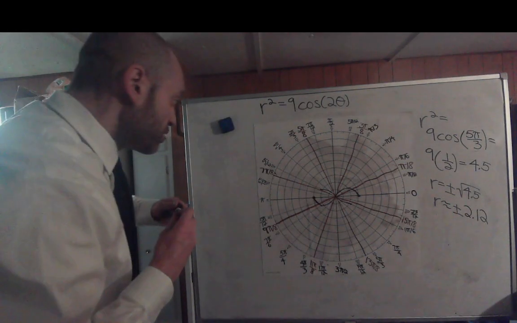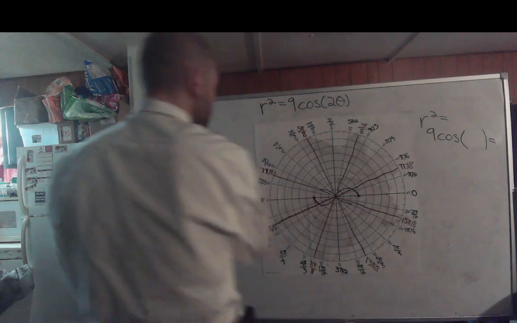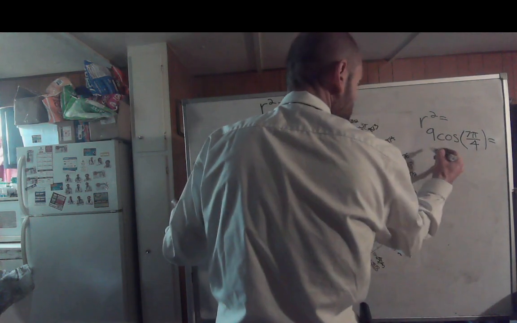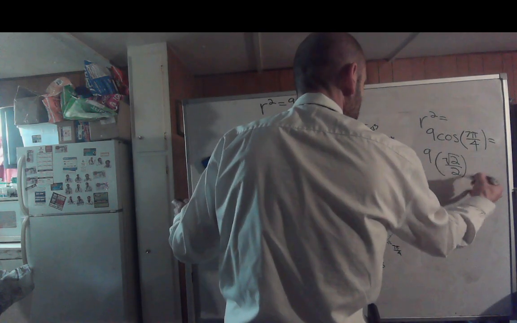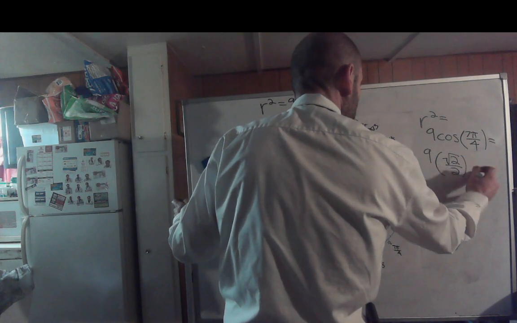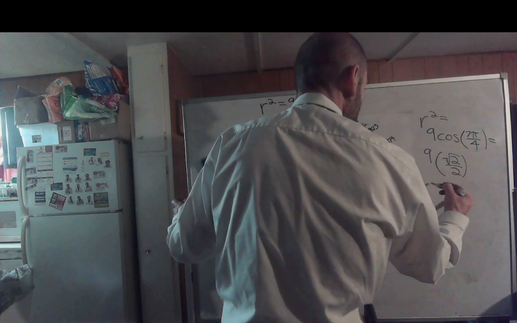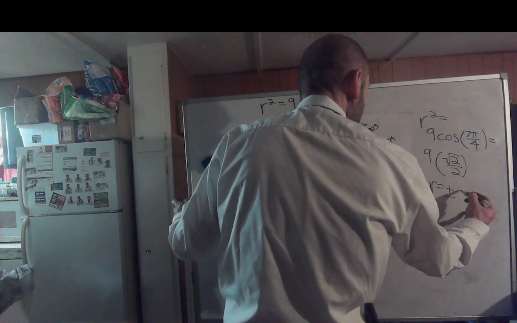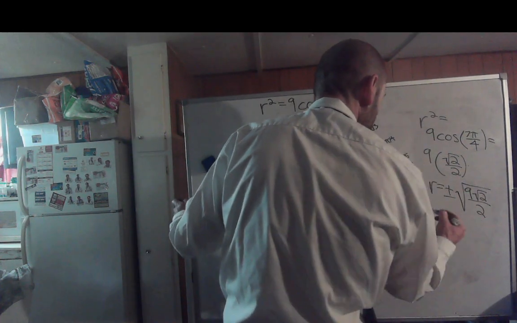And then let's go now to 7 pi over 8. 2 times 7 pi over 8 is 7 pi over 4. Well, the cosine of 7 pi over 4 is going to be the square root of 2 over 2. So r would equal both plus and minus the square root of 9 times the square root of 2 over 2.